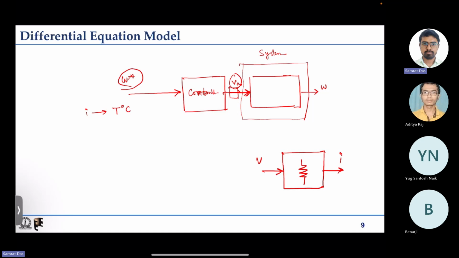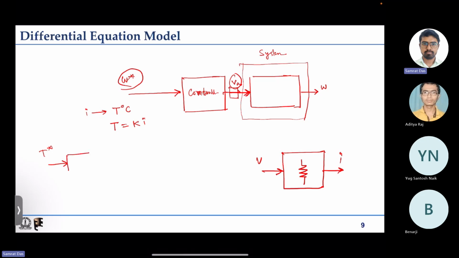Okay, so the relationship between temperature T is equal to some constant into I. These are proportionally related. So you want some temperature.